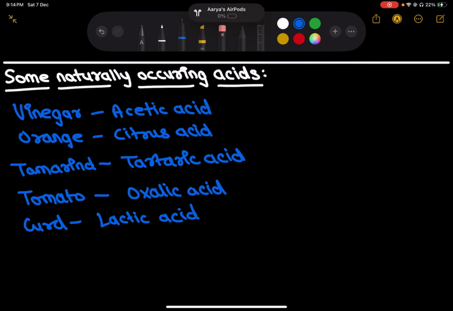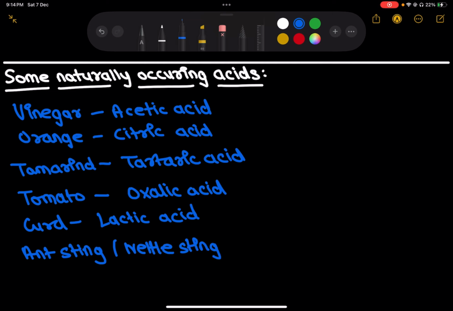I'm sorry, this is not citrus acid, it is citric acid. Wrong name. Citric acid. And ant sting or nettle sting, both contain methanoic acid.